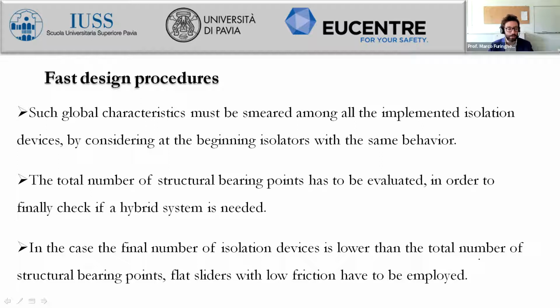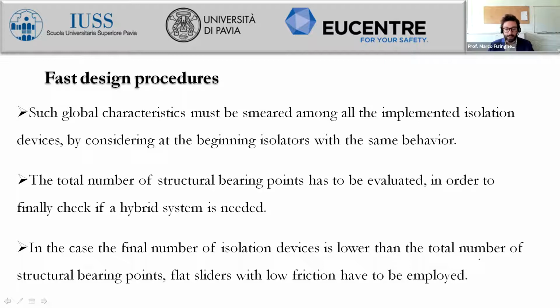And then the total number of structural bearing points has to be evaluated, because it is a key reference value for us, because we have to cover all of them. So if we get at the end of the design procedure a number of isolators which is lower than the actual structural bearing points, we will have to cover all the remaining points with the flat sliders.